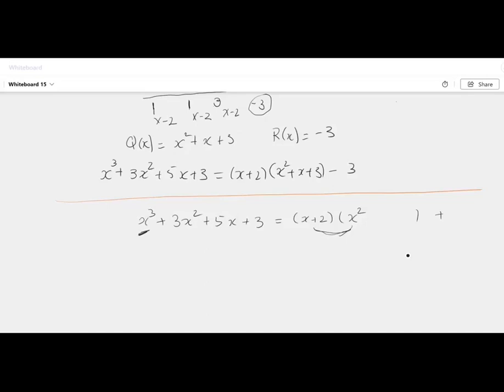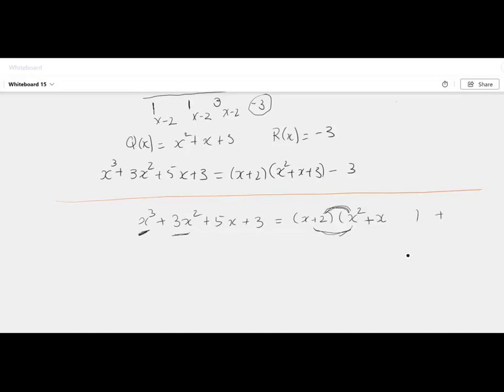Now if I shift my attention to the term in x squared in p of x, I will need to find a term in x so that when I multiply the two brackets I get 3x squared. I have already got 2x squared from here. 2 times x squared is 2x squared, so I need another x squared to make up 3x squared, which means the second term must be x, because that's the only way I can get 3x squared by multiplying the two brackets out.